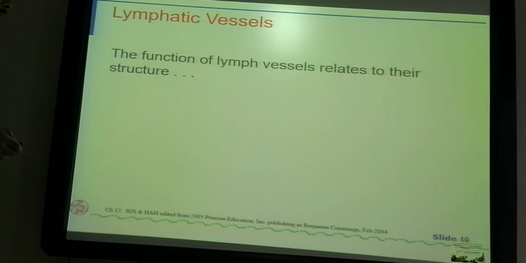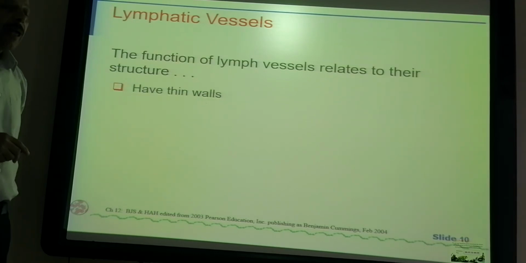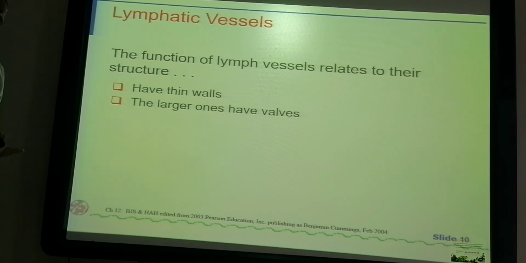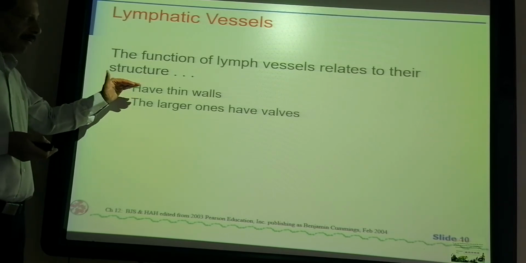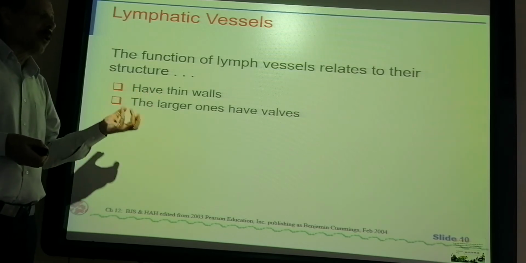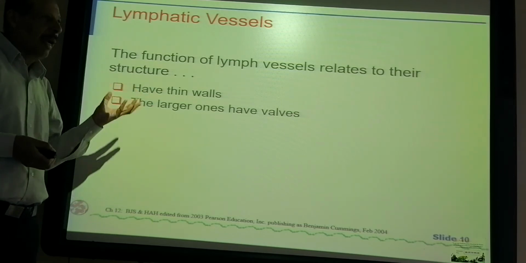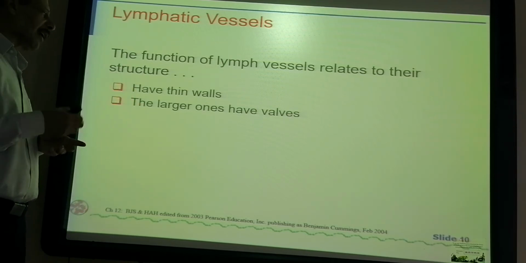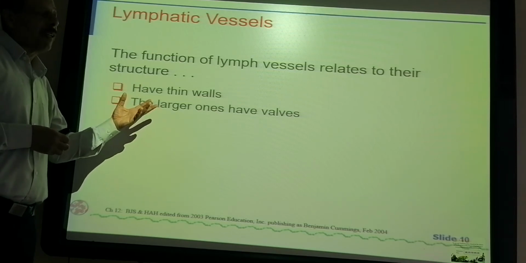The function of the lymphatic vessel in relation to its structure: the lymphatic vessel, as we said before, has a very thin wall. Because of that, it has higher permeability, so it allows the fluid which escaped into the tissue to come back to the lymphatic vessels.